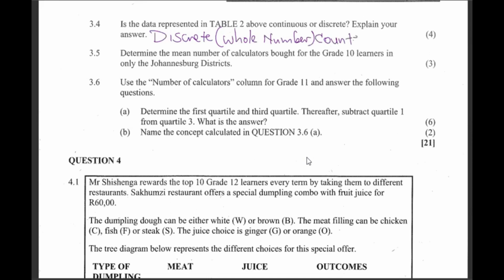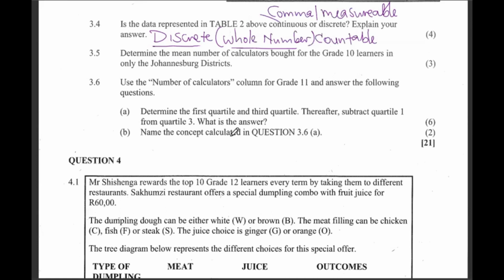We can say it's countable. Whereas continuous data are numbers which have commas, they have decimals. It's not countable, but measured. It's measurable. So now we are saying it's discrete because the data is whole numbers, and they are counted. These are calculators. All right.